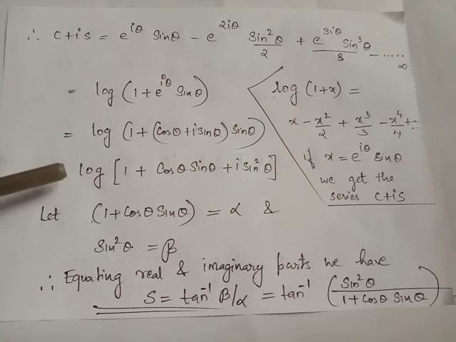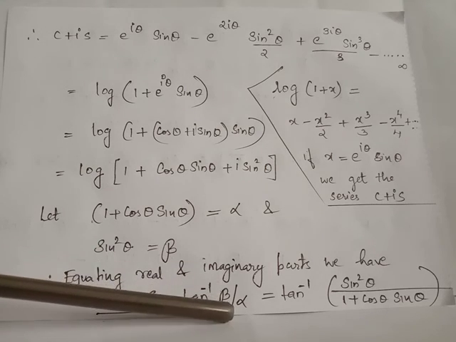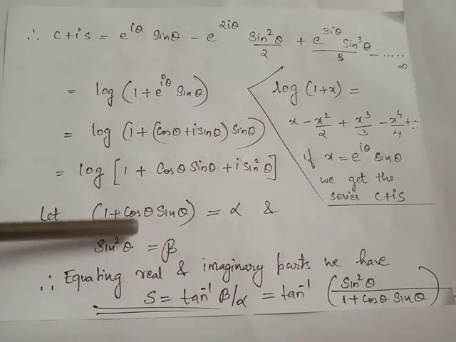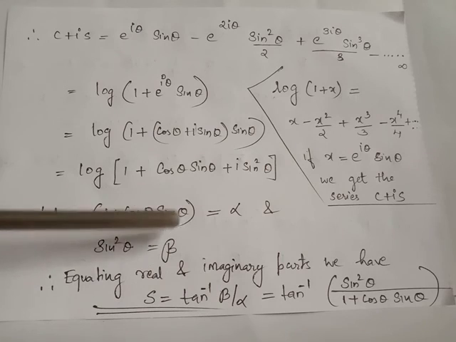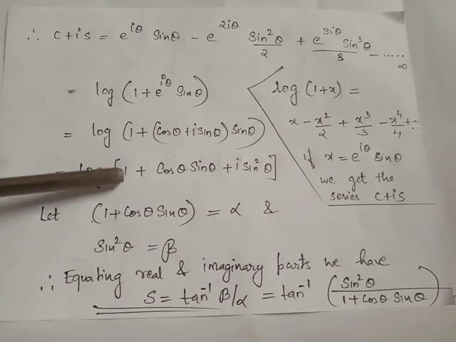Therefore, the corresponding imaginary part for the given logarithmic function will be tan inverse beta by alpha, where beta equals sin square theta and alpha equals 1 plus cos theta sin theta. Therefore, we have tan inverse beta by alpha for this function written as tan inverse of sin square theta by 1 plus cos theta sin theta.